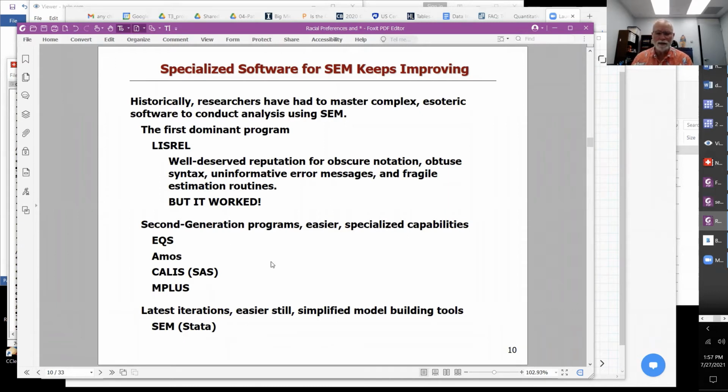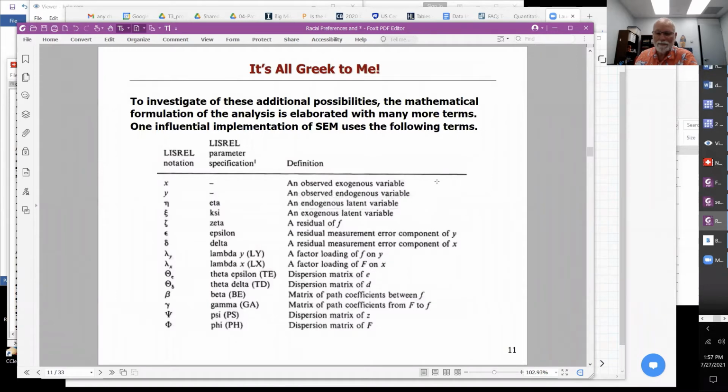And I'm mentioning this because you cannot do SEM as a practical matter without learning to use some advanced software. And that advanced software, if you get into it, you'll start seeing notation like this. And because LISREL was the first approach, the LISREL representation of the structural equation model is widely adopted, and the authors, the people who invented that analysis framework, adopted Greek letters.